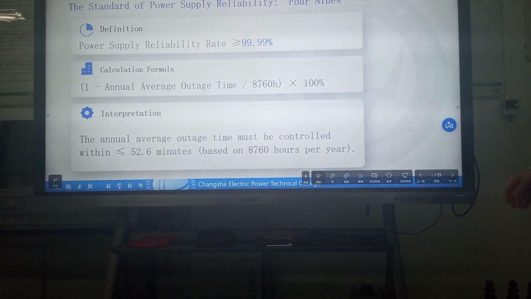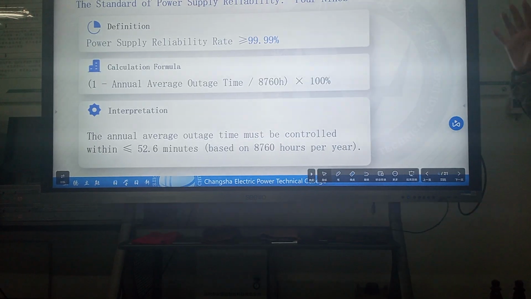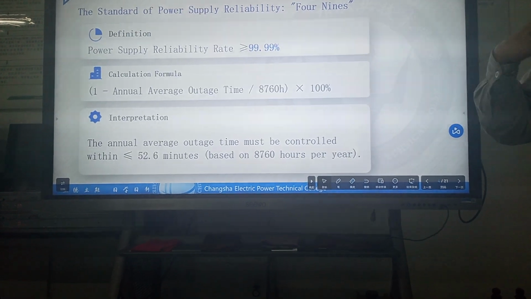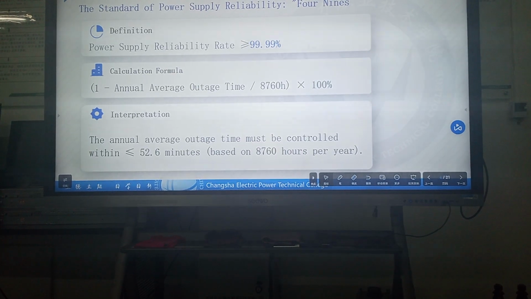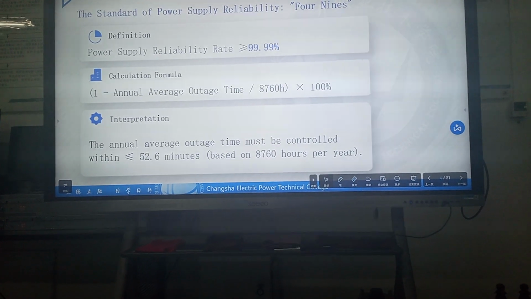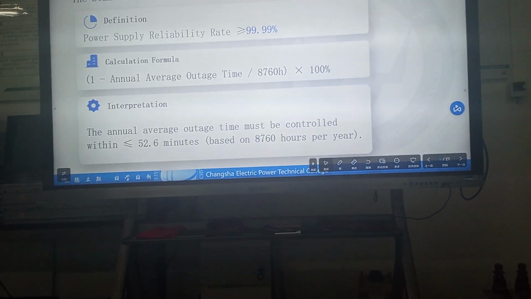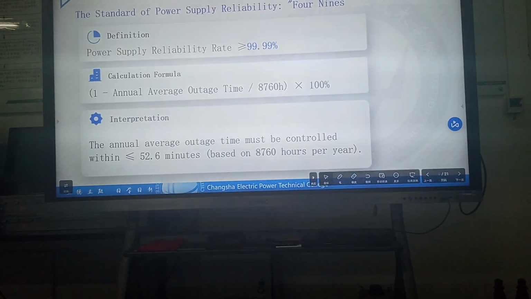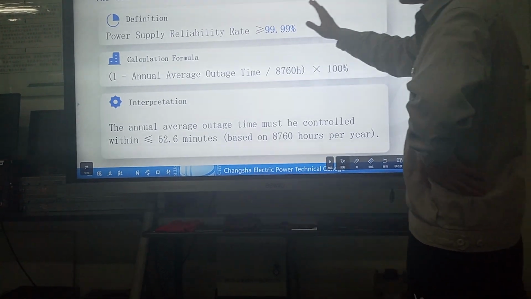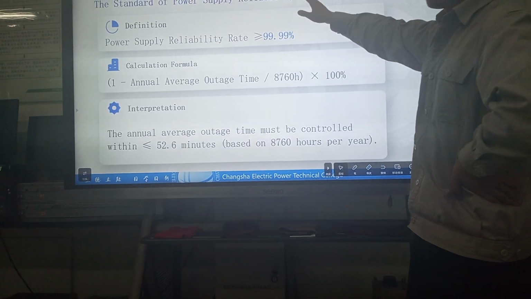In China, we have strict criteria or quota to measure the quality of power supply. One of these is reliability.